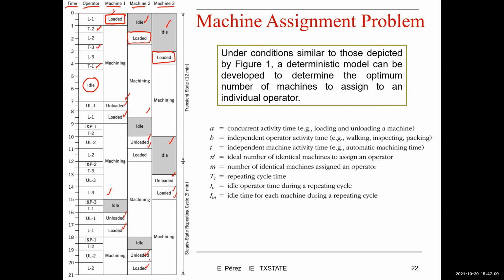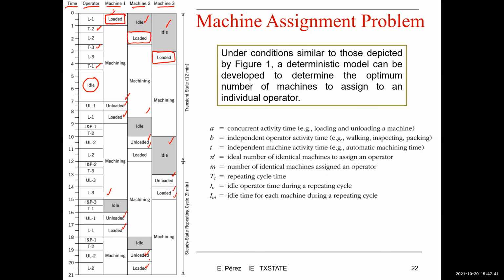B is the independent operator activity, which includes walking, inspecting, packing. T is the independent machine activity time, which is basically the machining time for each machine. N prime is the ideal number of identical machines to assign an operator. M is the number we're going to compute. M is the number of identical machines assigned to an operator.